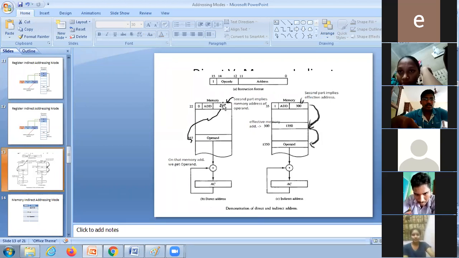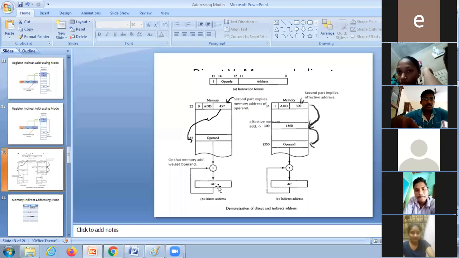Here 457 is the address. So add the value which is stored in 457. There the operand is available. This operand is to be added to the accumulator.